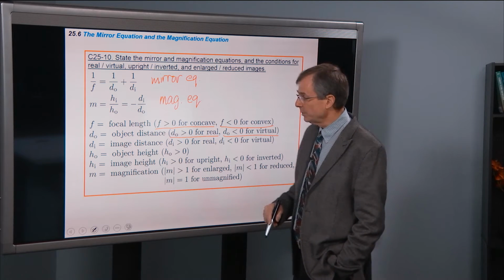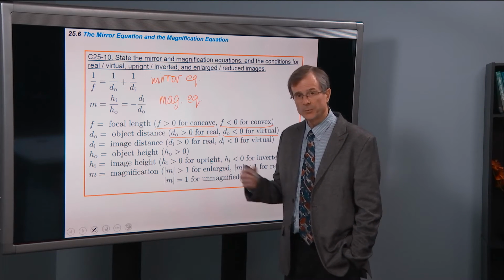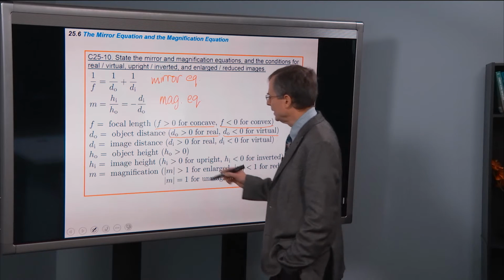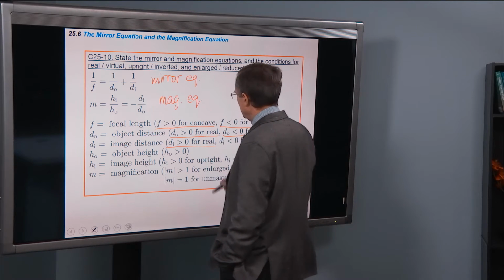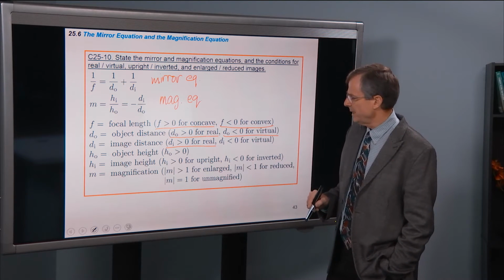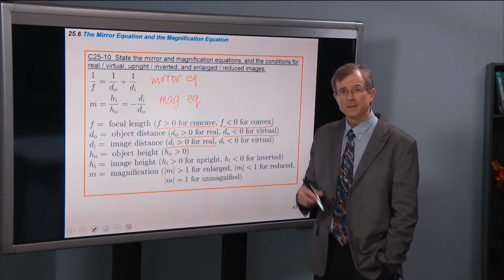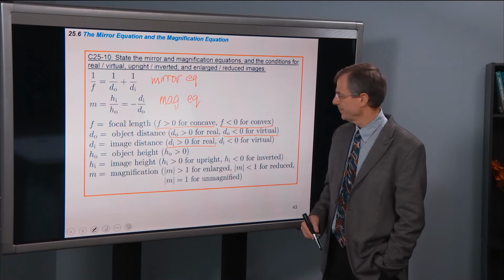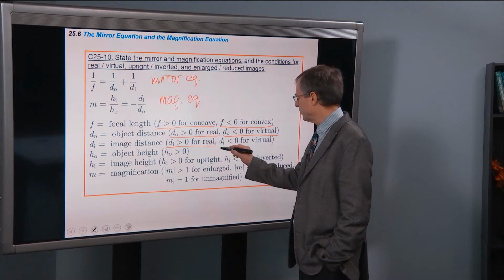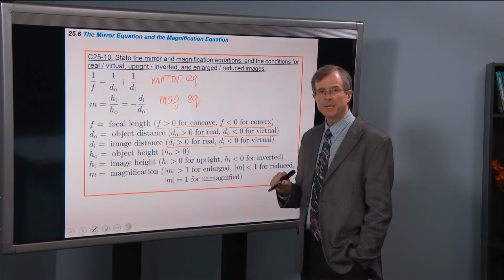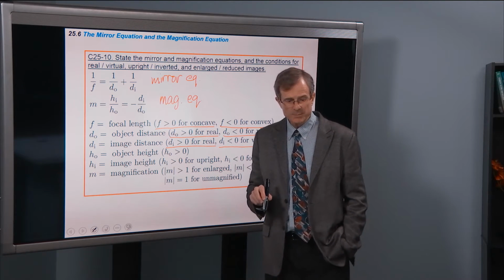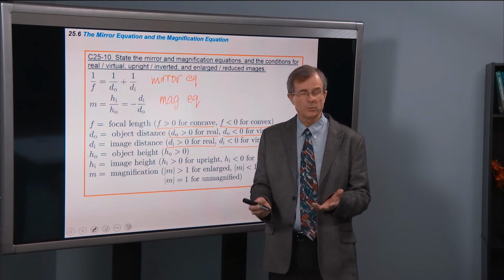Now, images, we will get all different kinds of images, both real and virtual. If the image is real, then d i is a positive number. If the image is virtual, then d i will turn out to be a negative number. And sometimes you can just let the math tell you what d i is going to be.